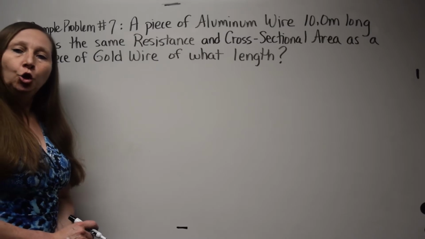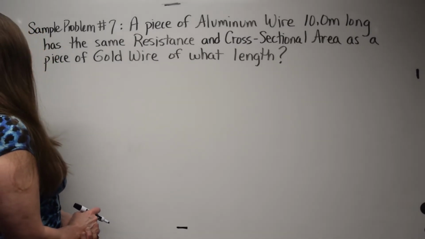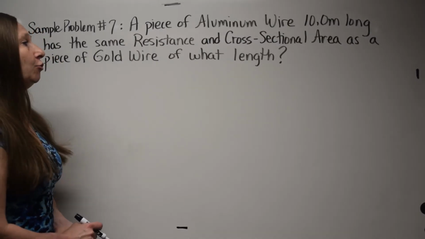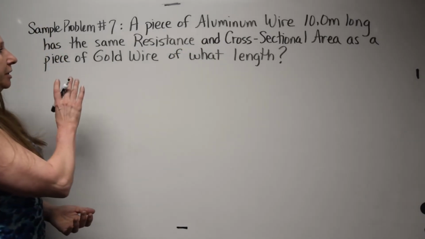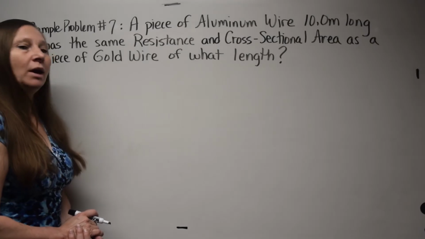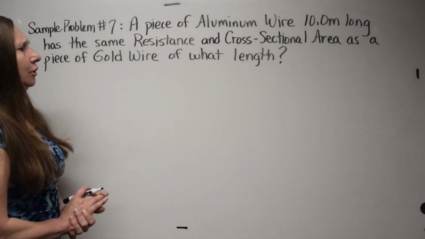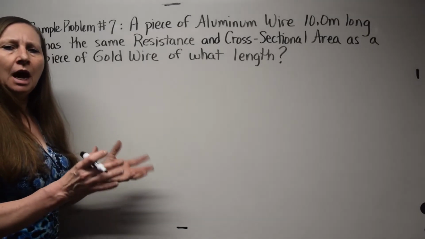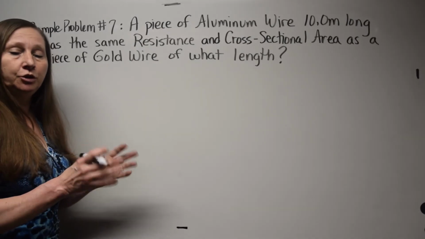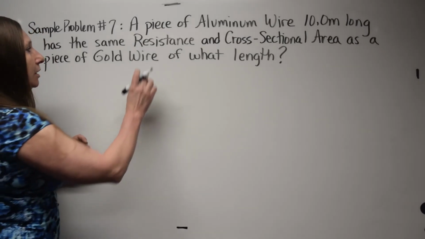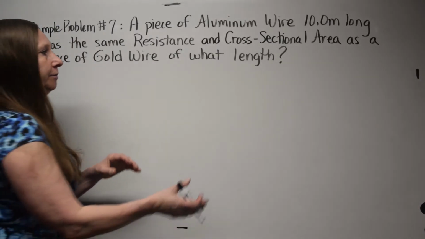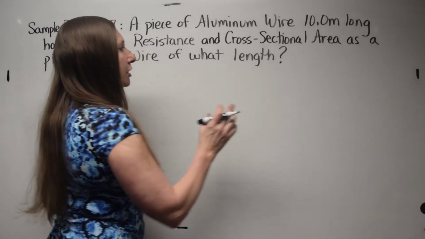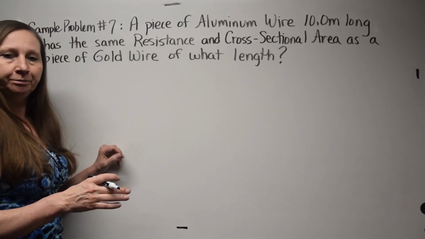All right, so we have here a problem. A piece of aluminum wire, 10 meters long, has the same resistance and the same cross-sectional area as a piece of gold wire of what length? Now, you look at this problem, you've got two different objects, but there are some things about the two objects that are the same. The resistance of the two objects, the aluminum wire and the gold wire, is the same, and the cross-sectional area is the same.